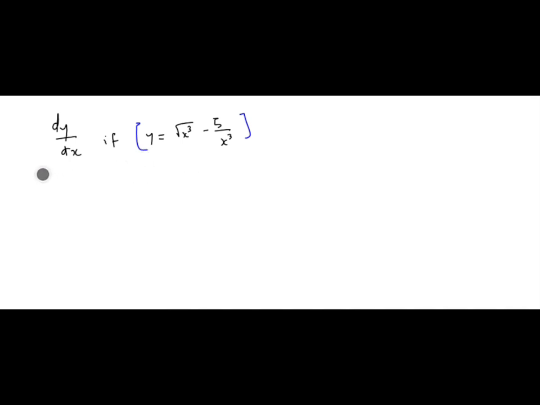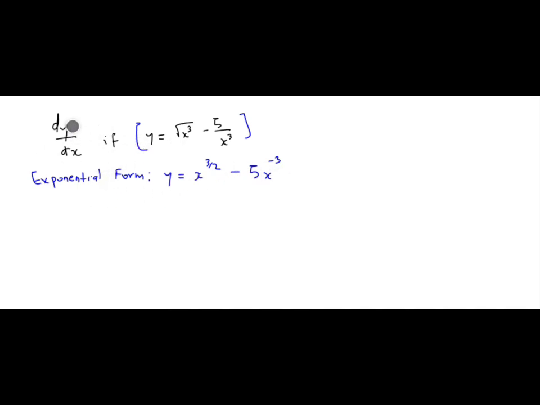So everything must be in exponential form. So y equals, that could be changed to x to the power 3 over 2. And that could be changed to minus 5x to the power minus 3. Basically laws of exponents. Now we can work with this.